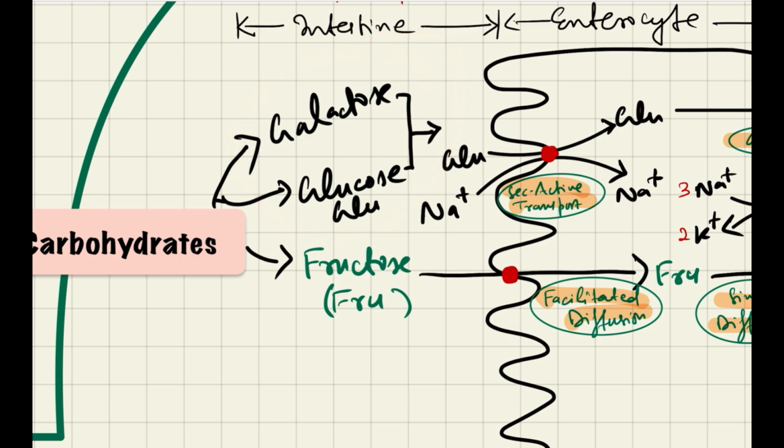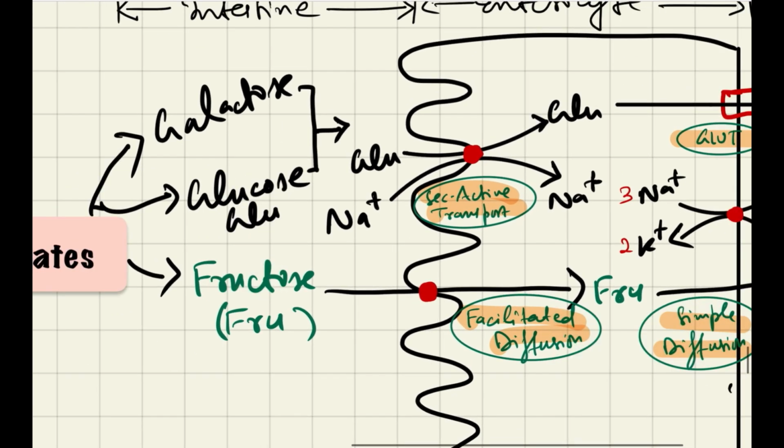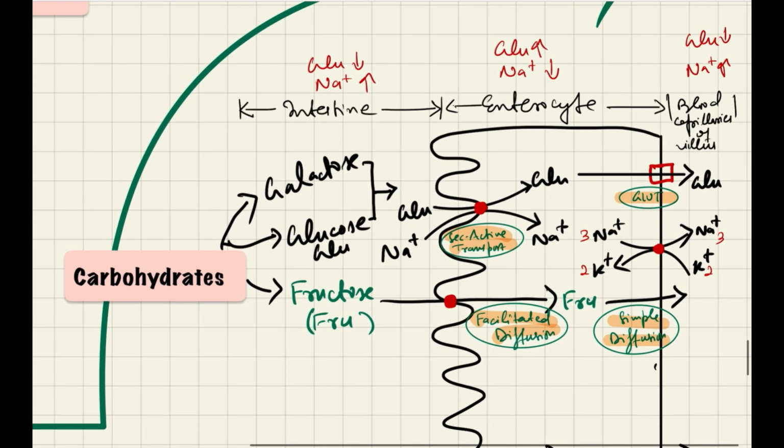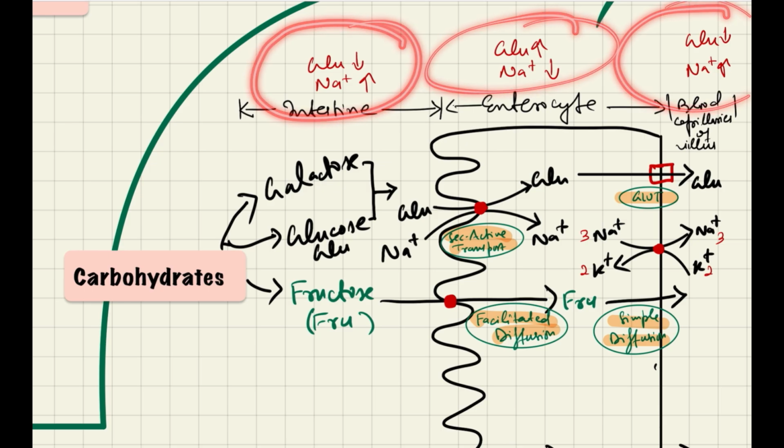These are transported through active transport, but this kind of active transport is known as secondary active transport. Now let's break this term up. Why is it known as secondary active transport and how is it active? Just keep a focus on these concentrations.